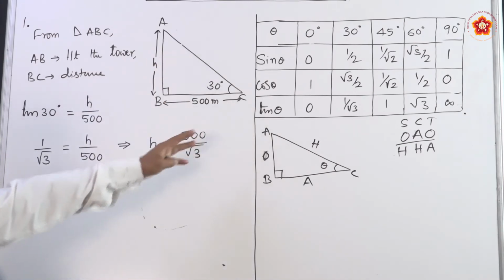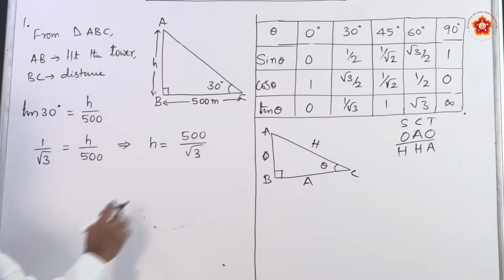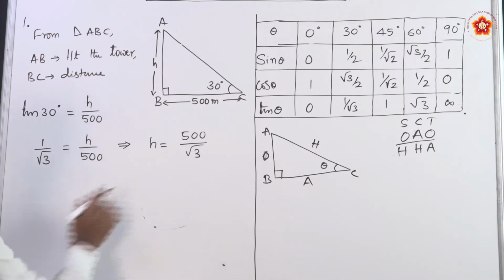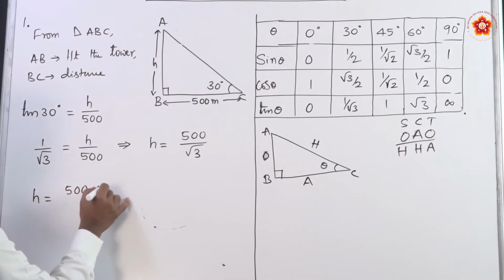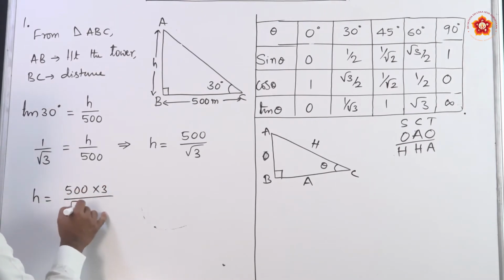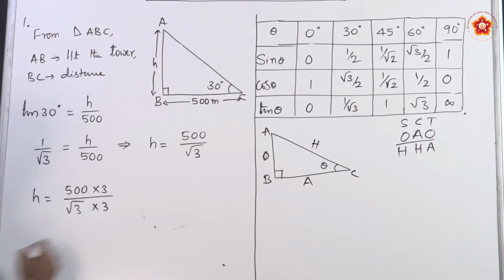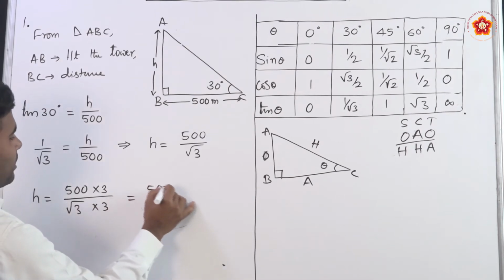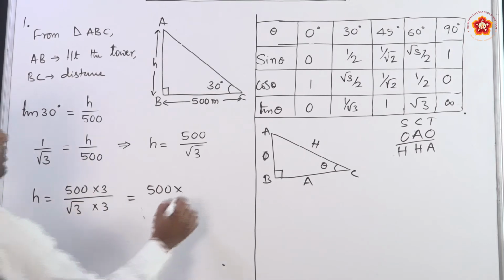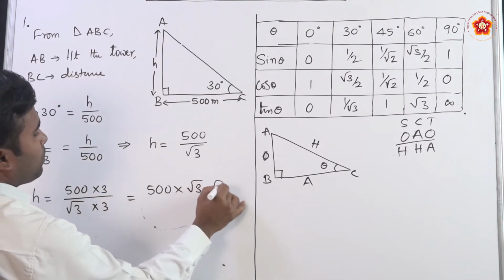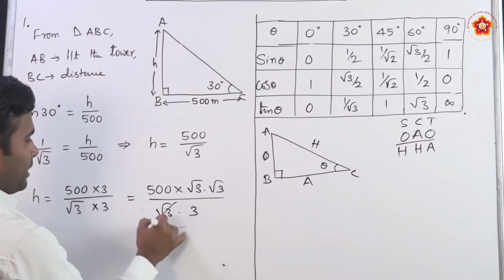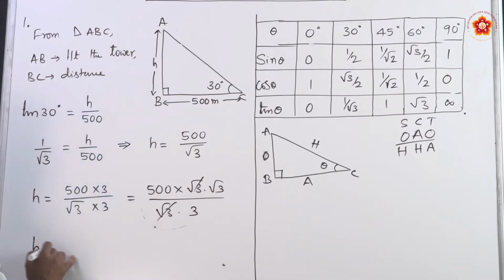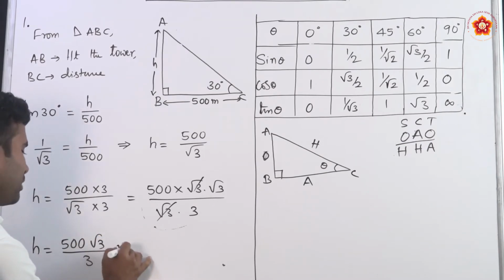In the textbook they have given a different answer. So, do not confuse, both answers are the same. What they have done is, they have multiplied and divided by root 3. 500 by root 3 can be written as 500 into root 3 divided by root 3 into root 3. This gets cancelled, and H is equal to 500 root 3 divided by 3 meters.